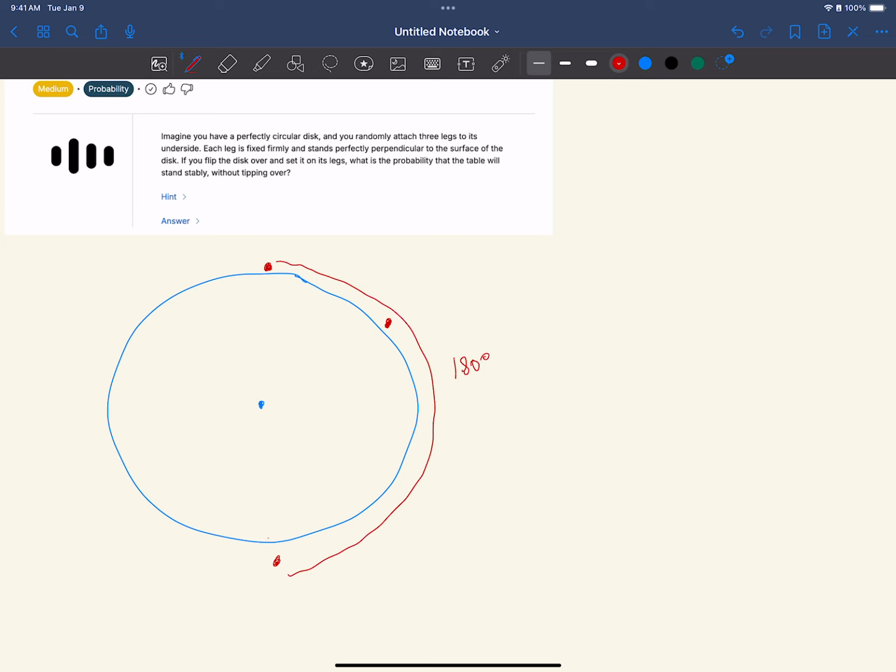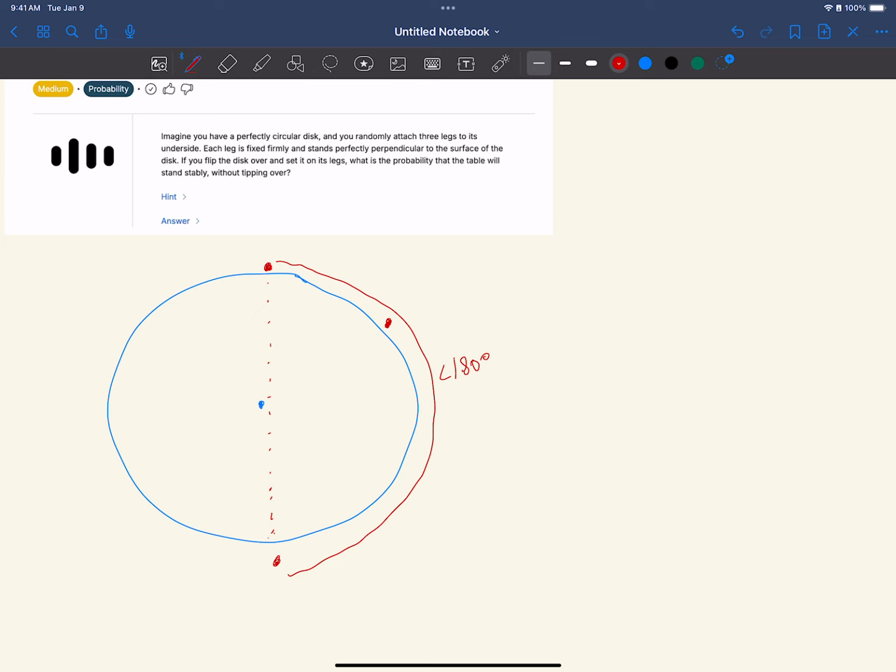So 180-degree arc. We want it to be less than 180 degrees. And that will ensure that the center of mass is outside of the support area for these three legs.